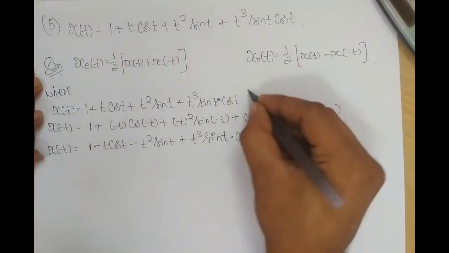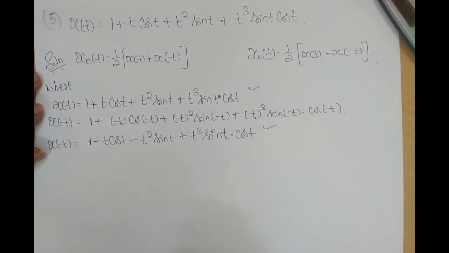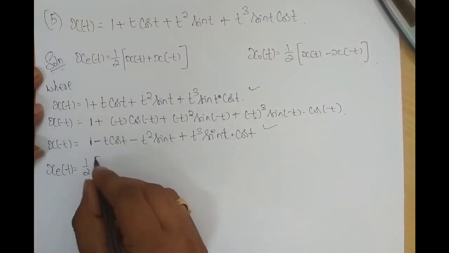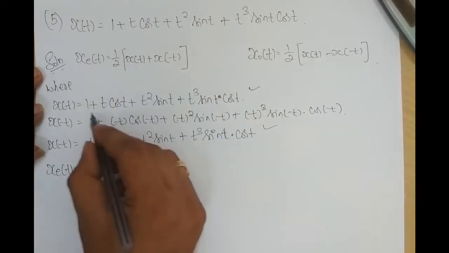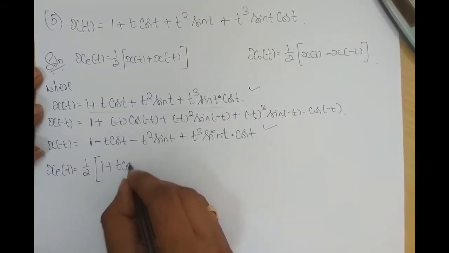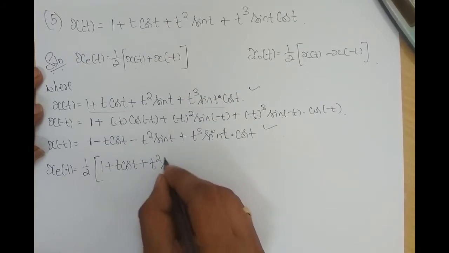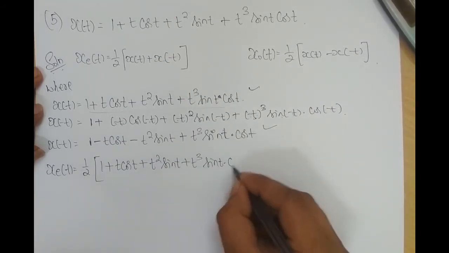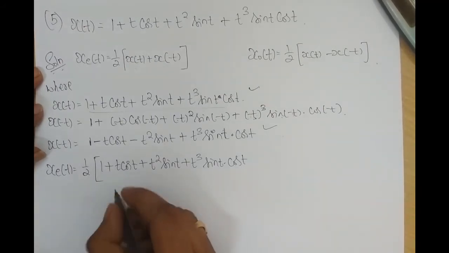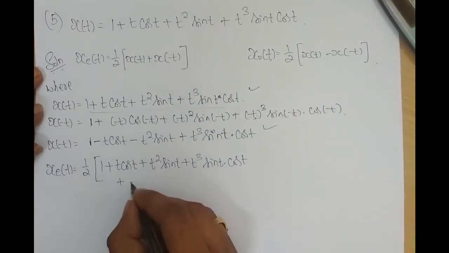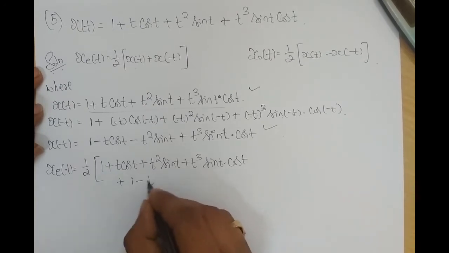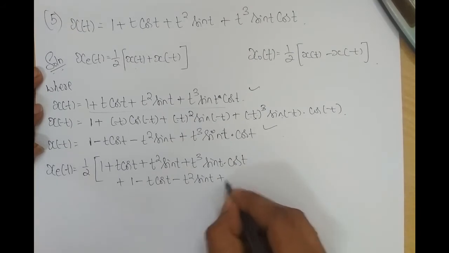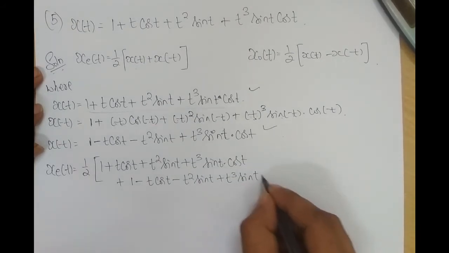So now we shall plug these two equations in to find its even and odd components. So x e of t is equal to 1 by 2 times 1 plus t cos t plus t square sin t plus t cube sin t cos t, plus 1 minus t cos t minus t square sin t plus t cube sin t into cos t.